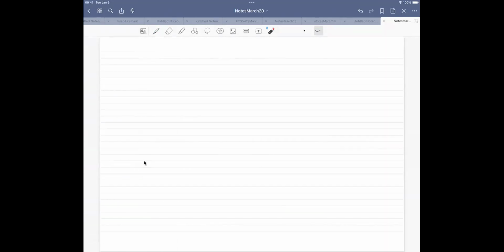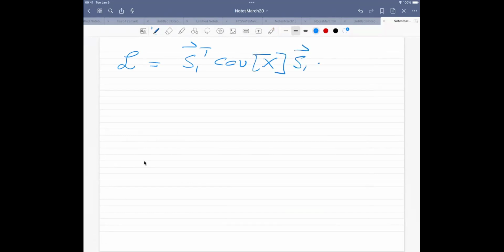So what we would do then is simply to set up a new Lagrangian, which we put up to L equal S1 transpose times the covariance matrix of X times S1 plus, and I have a lambda 1 of 1 minus S1 transpose times S1. So this is the normalization condition, plus a constant, which I call gamma, times S1 transpose times S0.